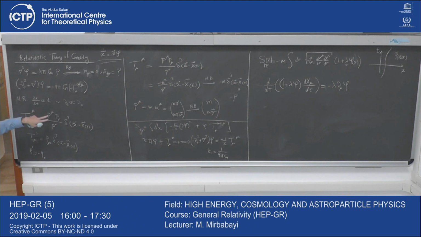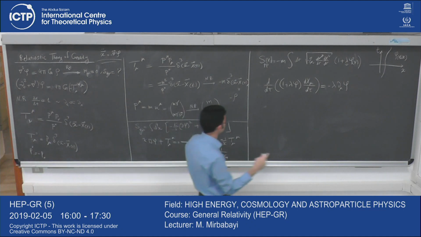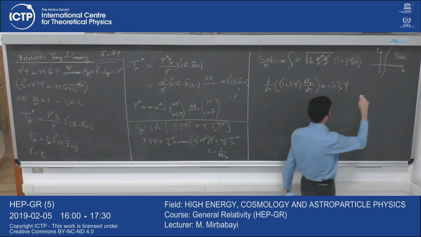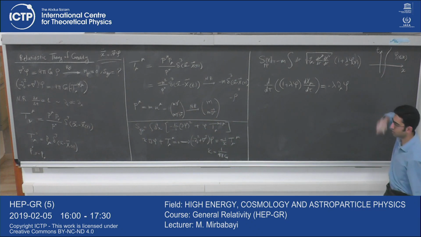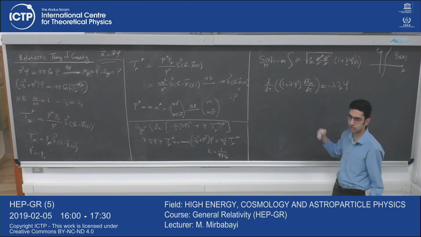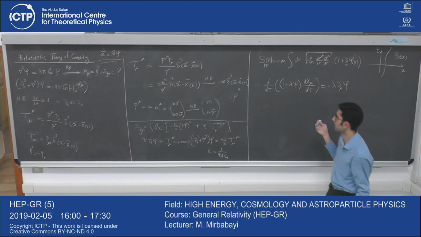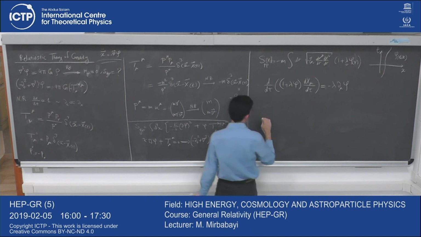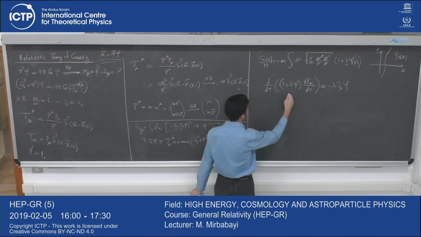Remember that the time derivatives are much smaller than the spatial derivatives. So now you can imagine a situation in which this phi is exactly static, or even if it is not static, the system is non-relativistic, therefore we can ignore time derivatives.